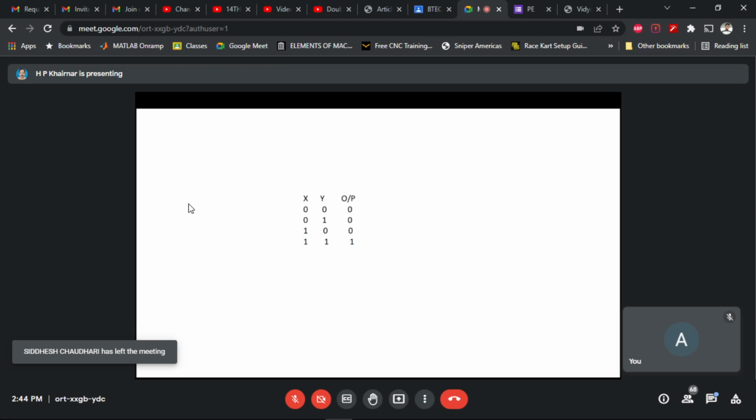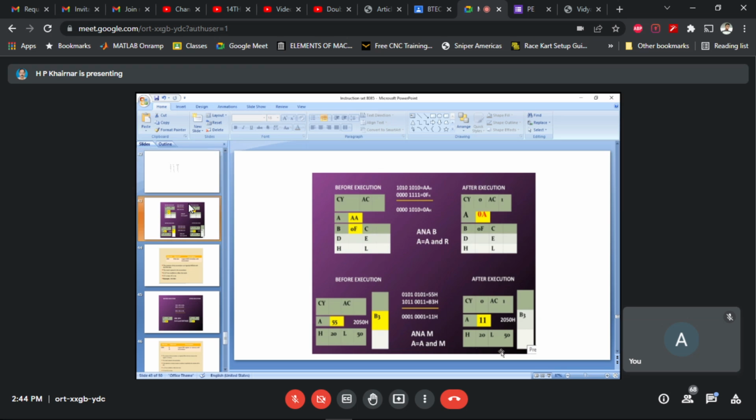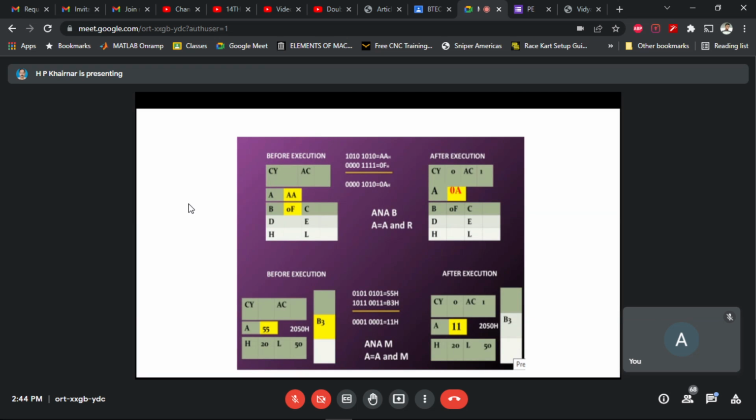For 0 0, output will be 0. If 0 1, output is 0. If 1 0, output is 0. And if both are on, then output is on. This logic is applied while carrying out the AND operation.